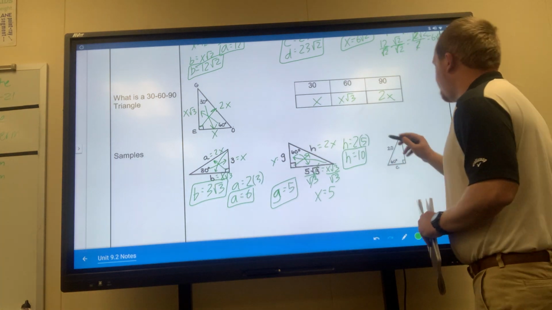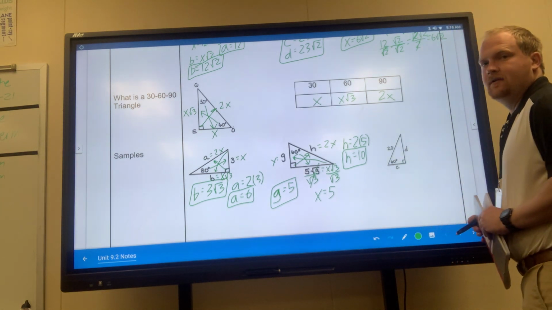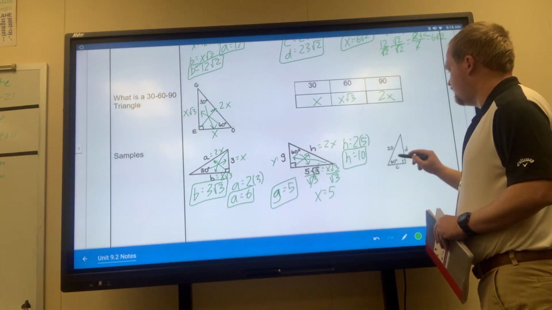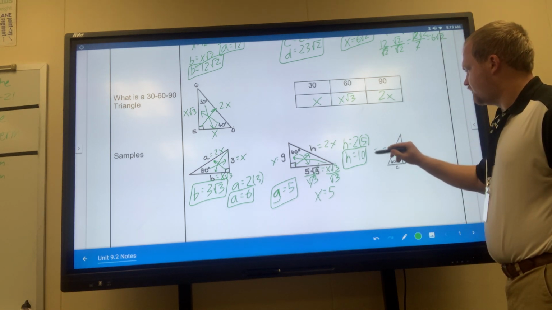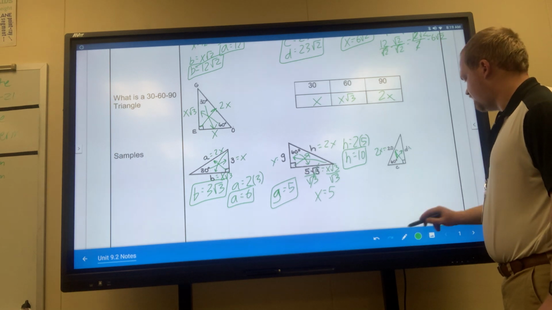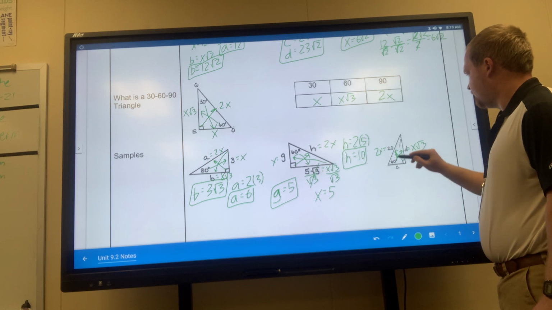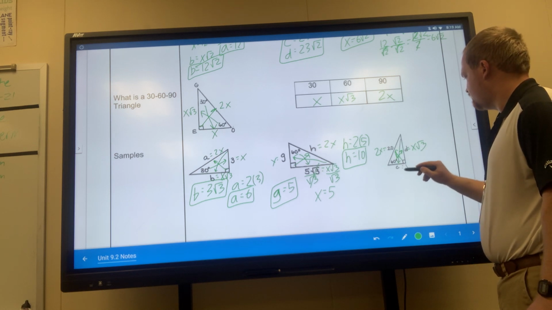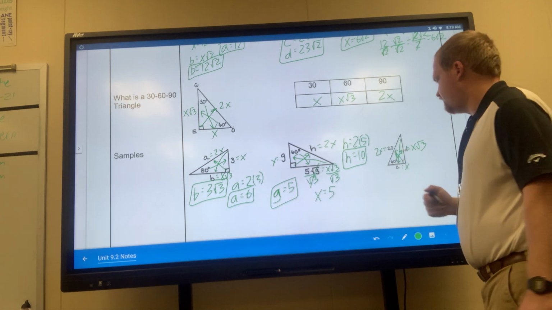Next, I have this triangle, and this is the last one. Opposite that is going to be equal to 2x. Opposite 60 degrees is x square root of 3. Opposite 30 is x. But in this case, I just have to solve for x.